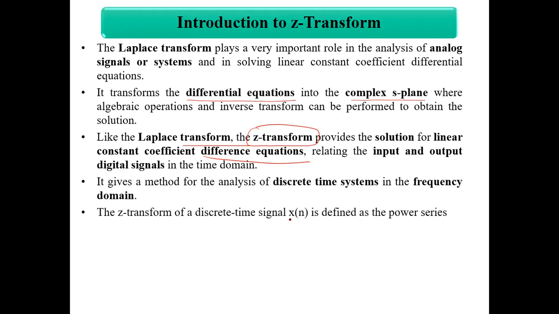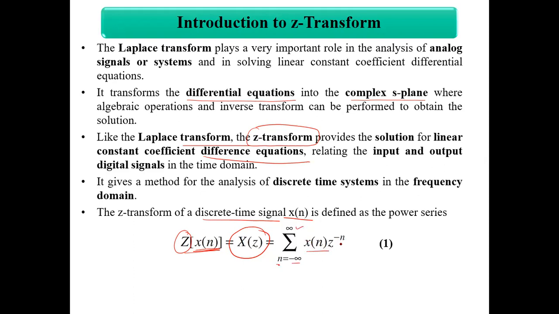So for any given sequence, which is a discrete time signal or discrete time sequence, the Z transform of this sequence is generally given by the formula Z of x[n]. So here Z represents the Z transform of x[n]. So it is X(z), right? It is given by summation from n equal to minus infinity to infinity x[n] z raised to the power minus n.